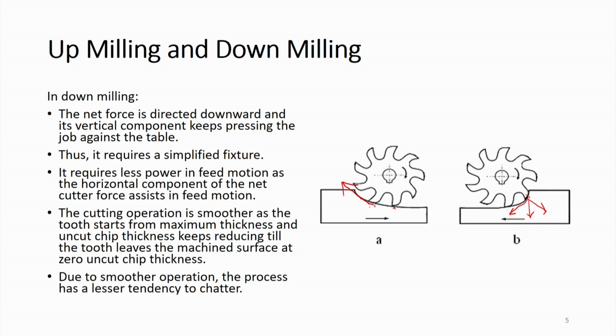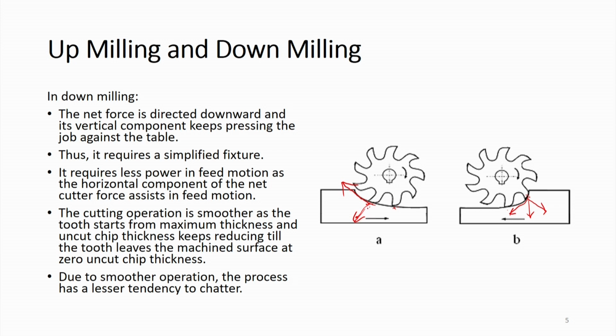In this case it is like this, and radially suppose it is this, so the resultant is somewhat like this. Now it is in this direction, the cutter is moving like this. In this case the cutter is moving in this direction. So, each force component is like this, and in this case the force component will be like this.